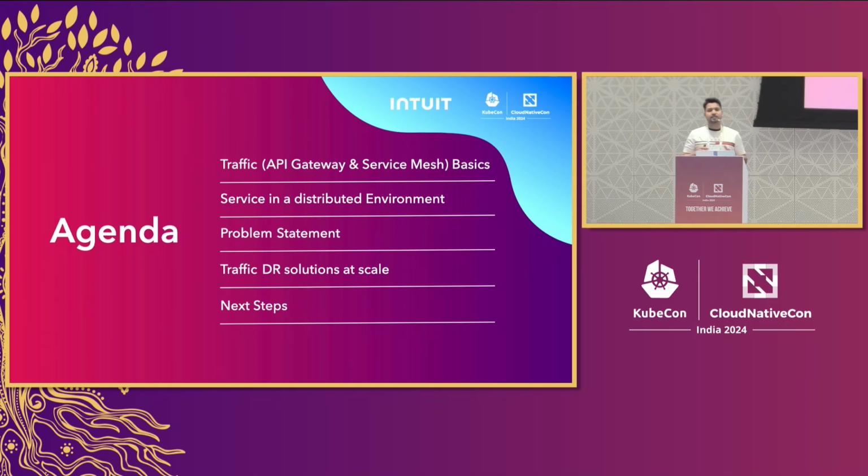And what are the challenges when some failure happens in such an environment? How do we address those issues at scale, not just with the existing solutions? From there, we'll talk about the different solutions we can have for different use cases. We have explored a lot of use cases and found out which approach works for which use case, and we'll talk about those in detail. Then we'll talk about the summary and the next steps.